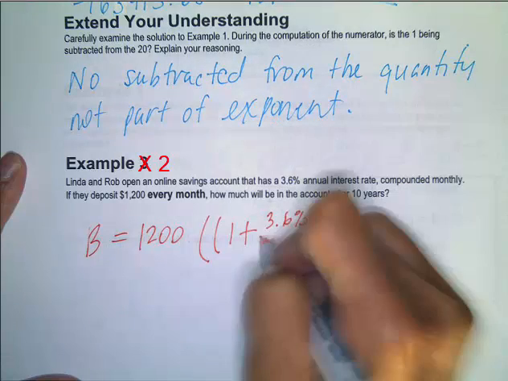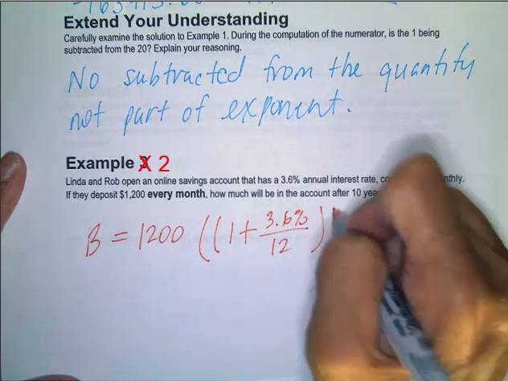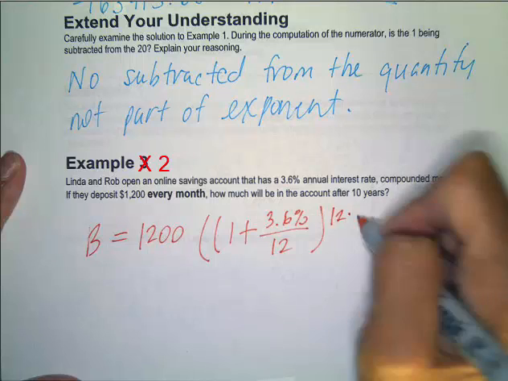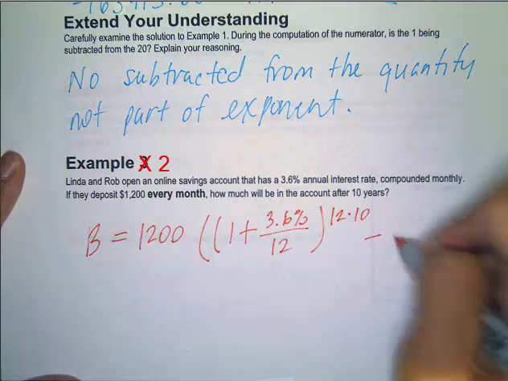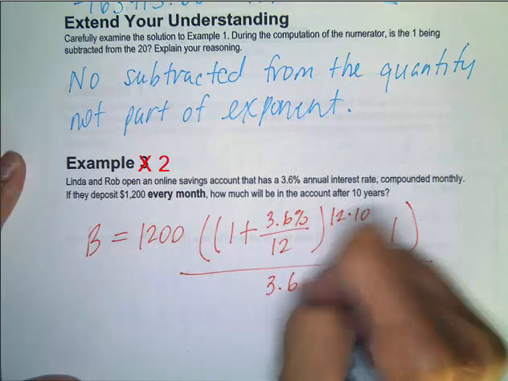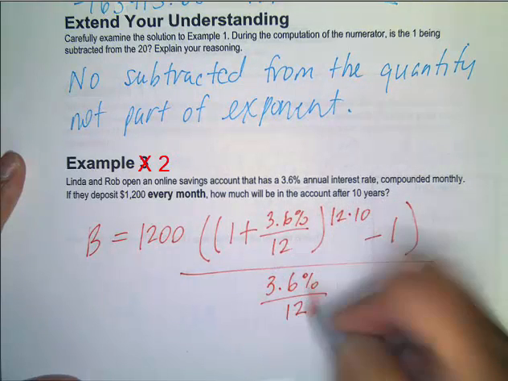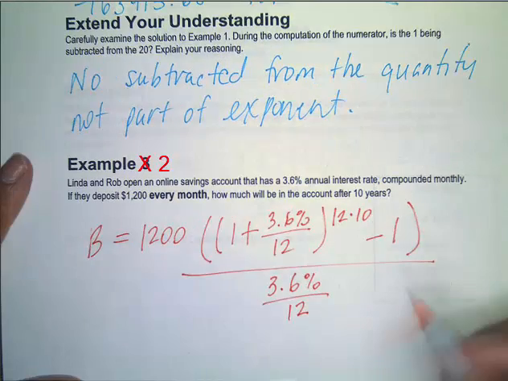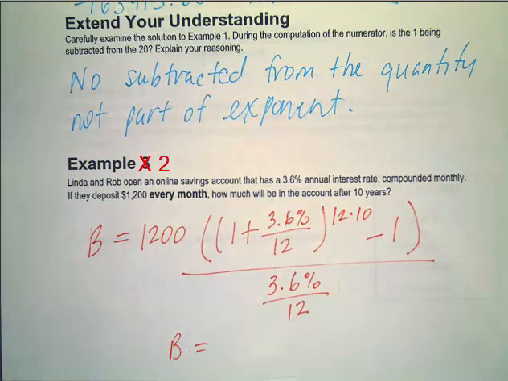Monthly means 12 raised to the 12 times 10 years. Get out of the exponent, minus 1 over 3.6% over 12. So go ahead, pause, figure out what your balance is, and let's figure this out.